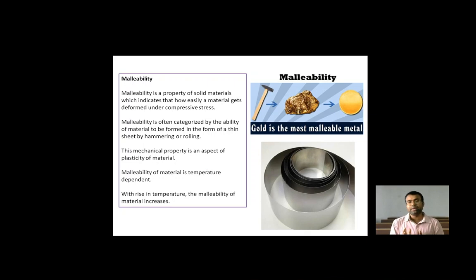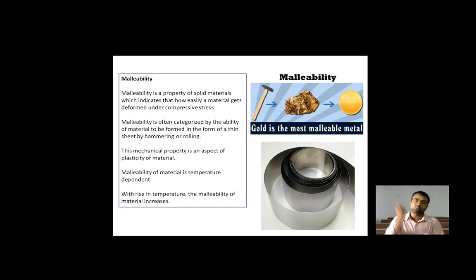Malleability, as you can see, is the property of a material which is beaten by the hammer and can be changed into a sheet. But this is the example, not the definition. So malleability is a property of a solid material which indicates how easily a material can deform under compressive load.